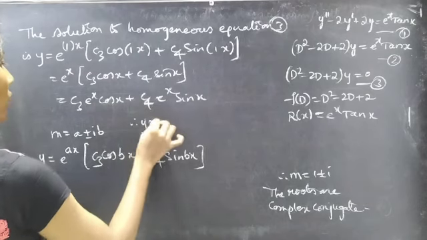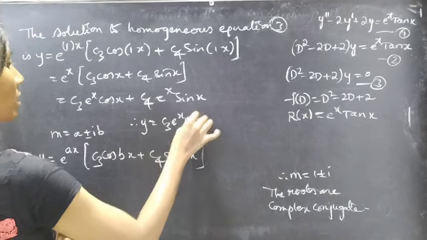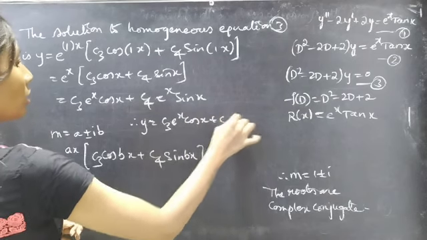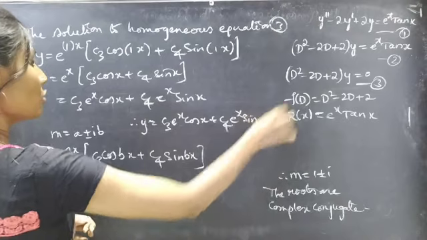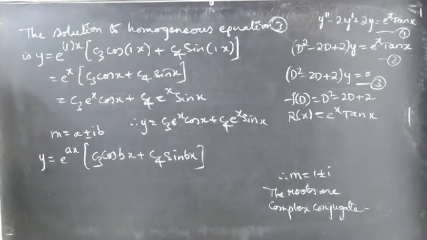Therefore, y equal to C3 e power x cos x plus C4 e power x sin x is the solution to the homogeneous equation.